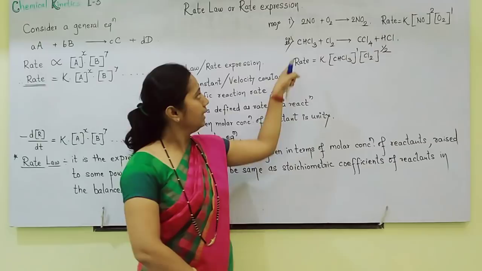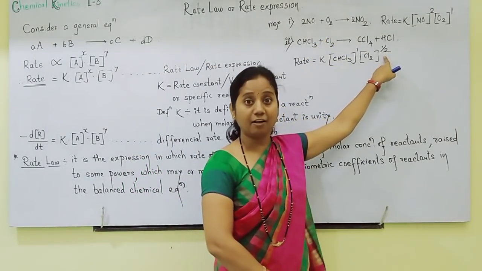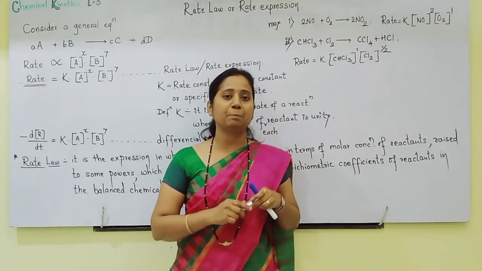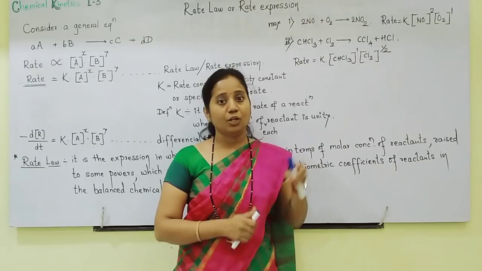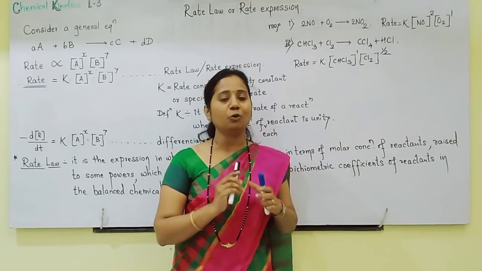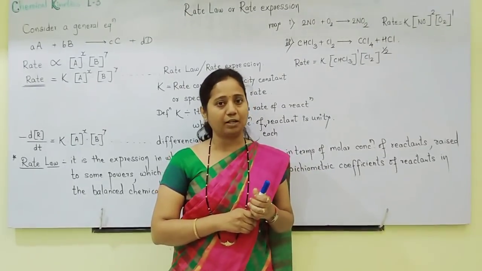See here now. Chloroform is 1, chlorine is also 1, but it is written as half. How did this half come? After performing the experiment. So you cannot write rate using rate law without performing an experiment. It is an experimental quantity.